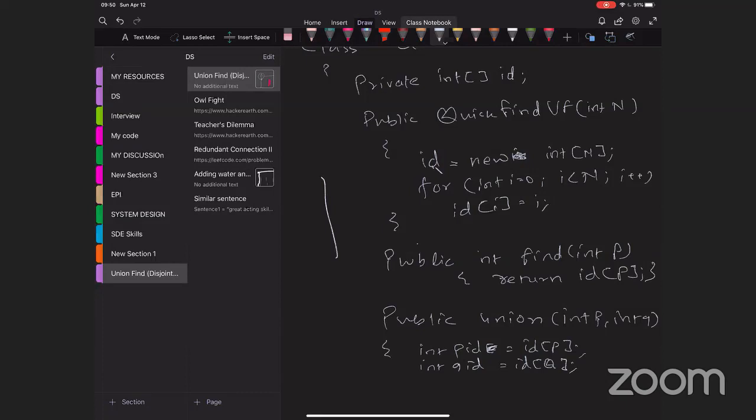We can decide anything. We can replace the ID of everything where it is PID with the QID. So it's a for loop.